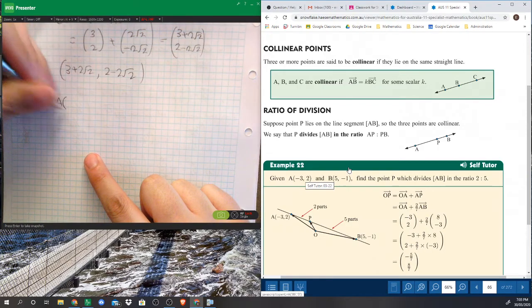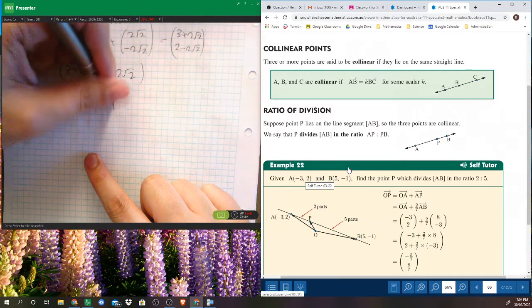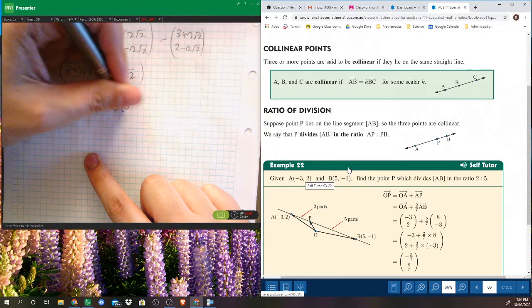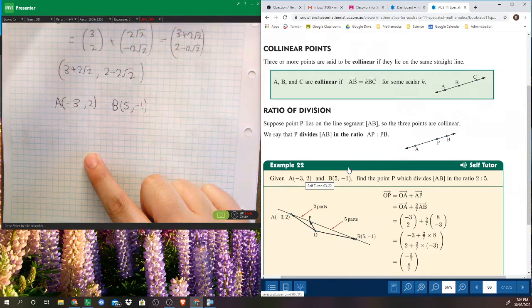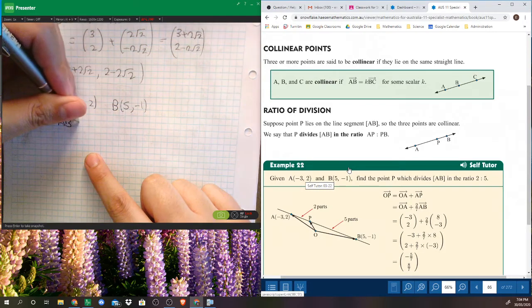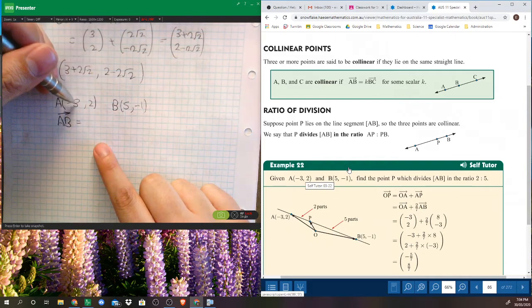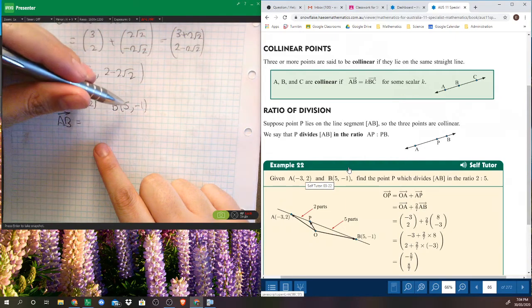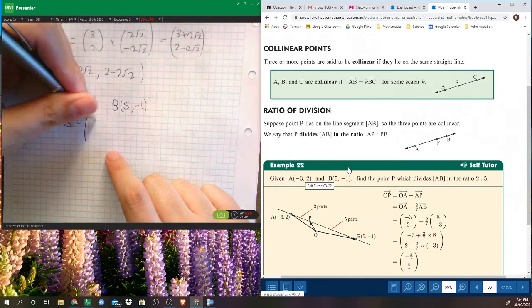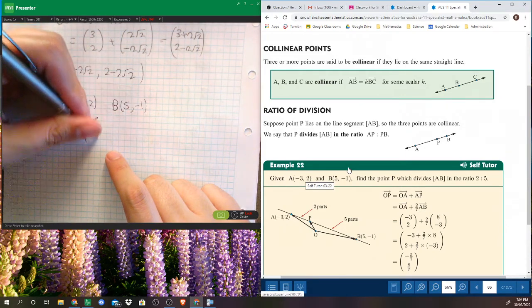A is (-3, 2), and B is (5, -1). First of all, I can work out AB. If we go from -3 to +5, that is a displacement of 8. If we go from 2 to -1, that's a displacement of -3.